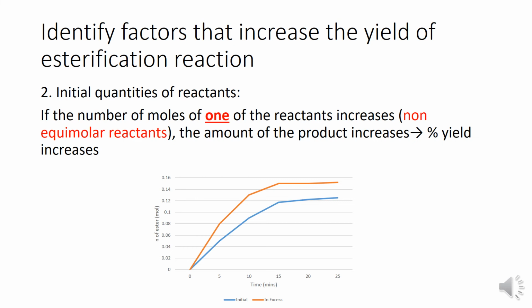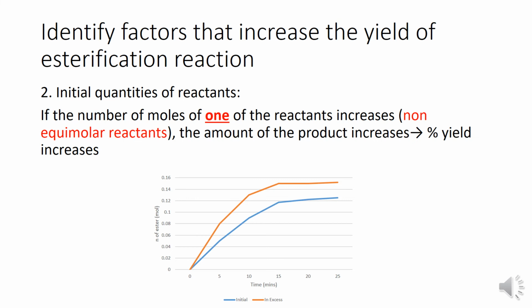What will be the amount of the product? In order to answer this, let's examine the graph here. This graph represents the variation of the number of moles of ester as a function of time in minutes.